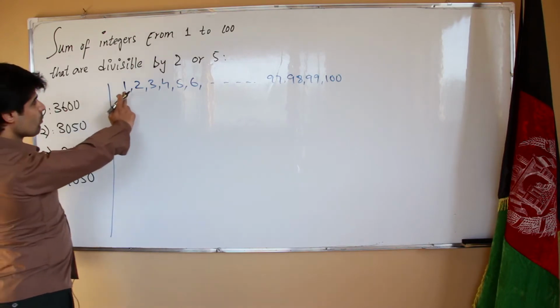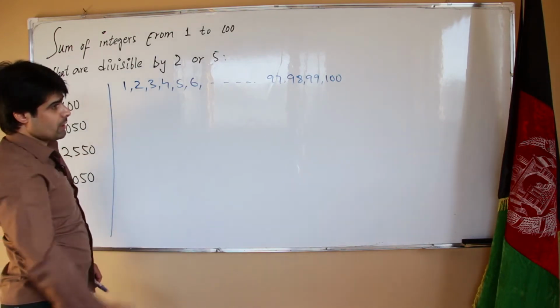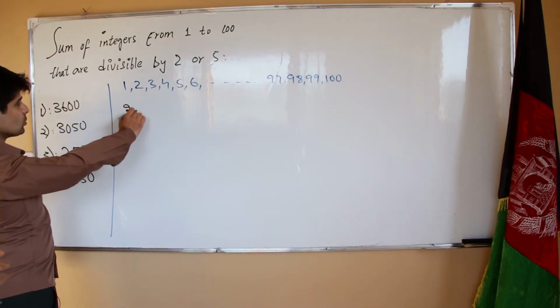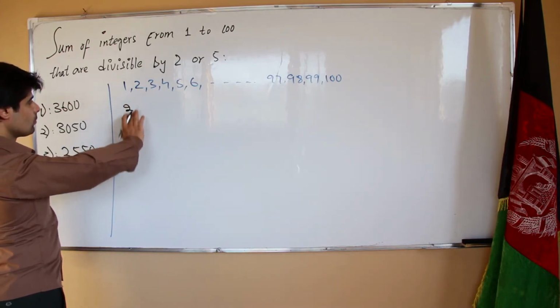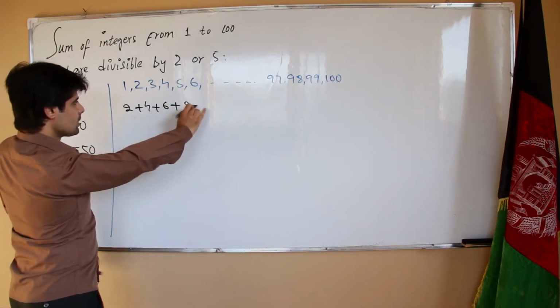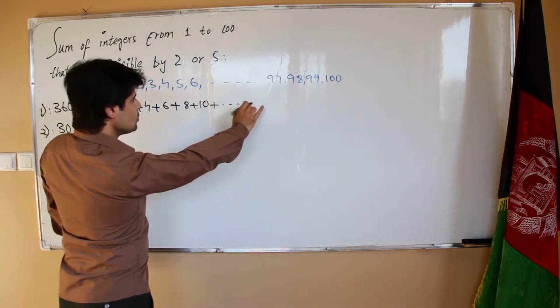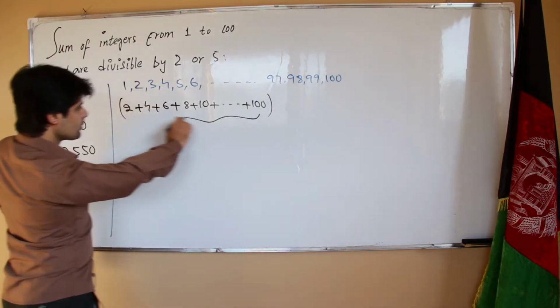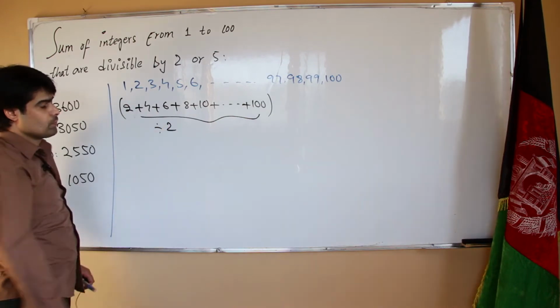It means from 1 up to 100, we have the even numbers 2, 4, 6, 8, 10, up to 100. All even numbers are divisible by 2.